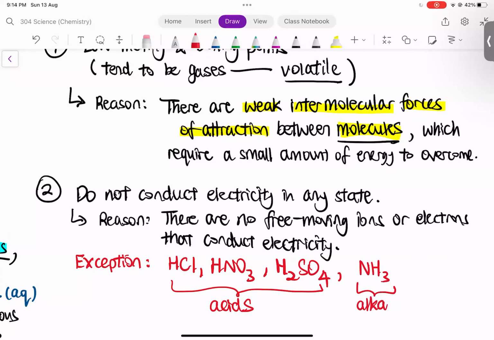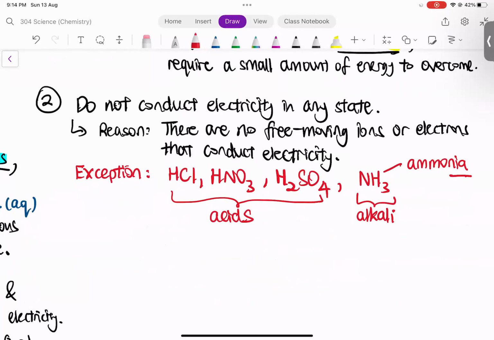And one more exception is ammonia. Ammonia is an alkali. Ammonia gas turns moist red litmus paper blue. Now, importantly, why is it that acids and alkali are an exception? Acids and alkali can dissolve in water. Dissolve in water means aqueous.